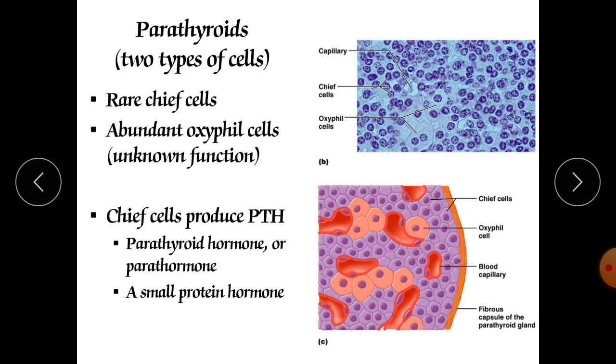As we already discussed in the urinary system, from the tubules into the peritubular capillaries, they do the reabsorption of calcium and magnesium ions into the blood, due to which the level of calcium in the blood increases.